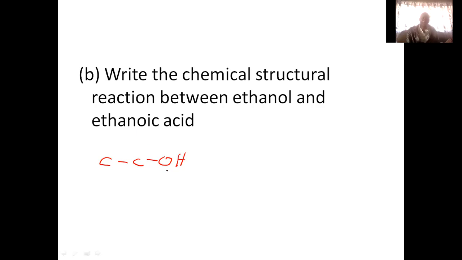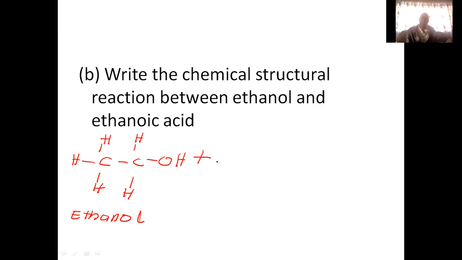We have the hydroxyl group. Then here we had hydrogen, and there hydrogen, and there hydrogen, and there hydrogen. This is ethanol, as we wrote the structural diagram for ethanol before.